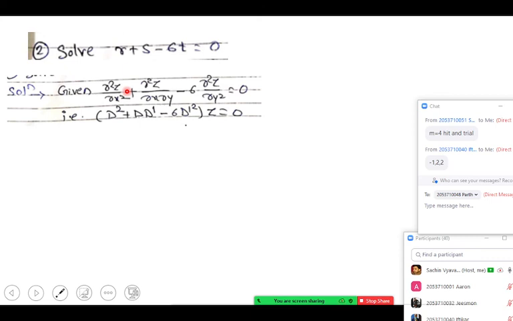It's simple now. It's a quadratic equation. You can easily find the roots.